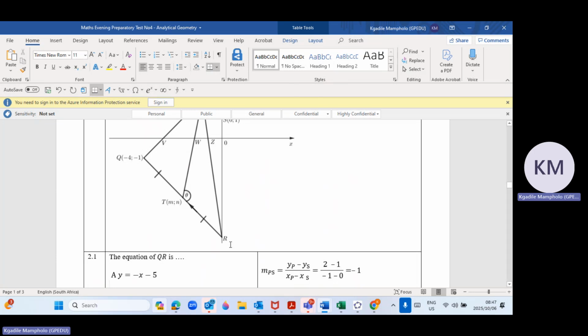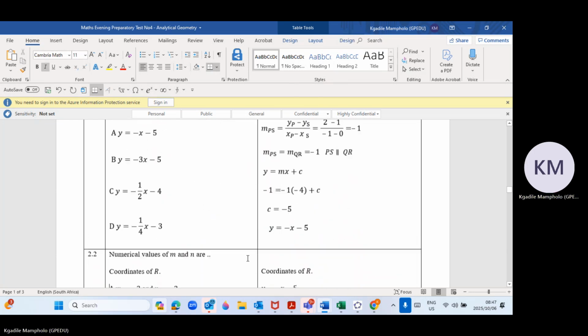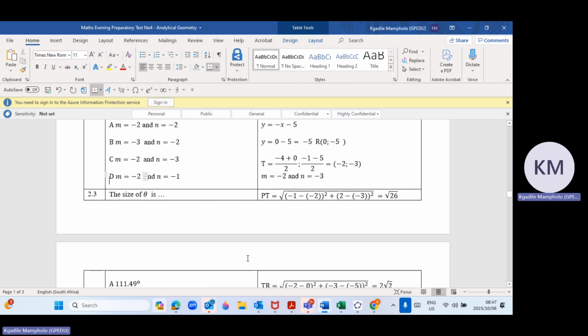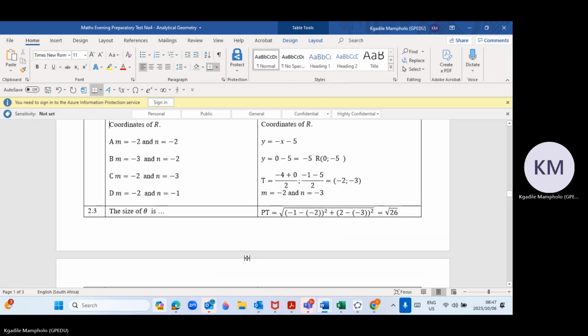But we don't know the coordinates of R. Since we calculated the equation of QR, to get R, you say R is the y-intercept. So you let x be 0, because R is the y-intercept. You know the equation of QR, so the answer will be -5. Then the coordinates of R will be (0, -5).